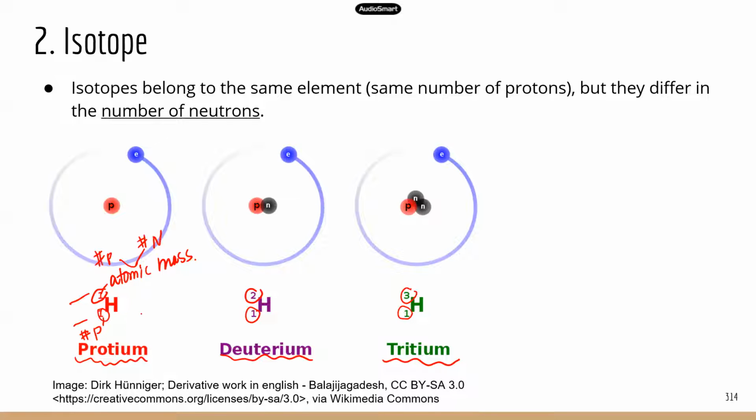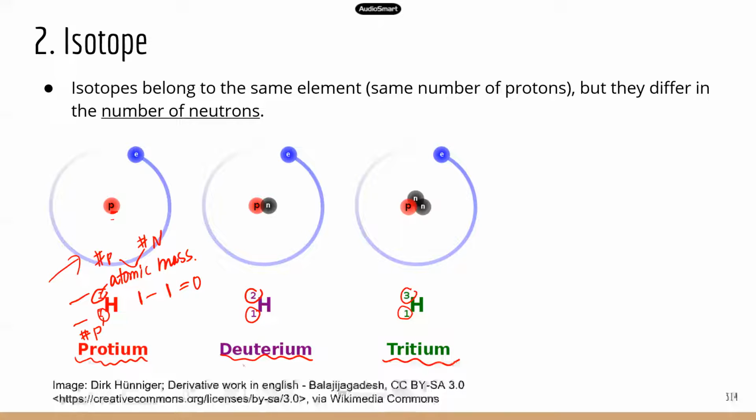So for protium, the number of neutrons is going to be the atomic mass, which is 1, minus the number of protons, which is also 1. So in protium, there are no neutrons. And you can see, right, in the diagram, in the nucleus, you only have protons, right? There are no neutrons present.